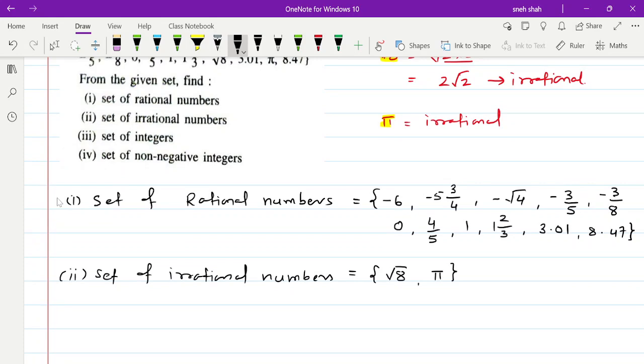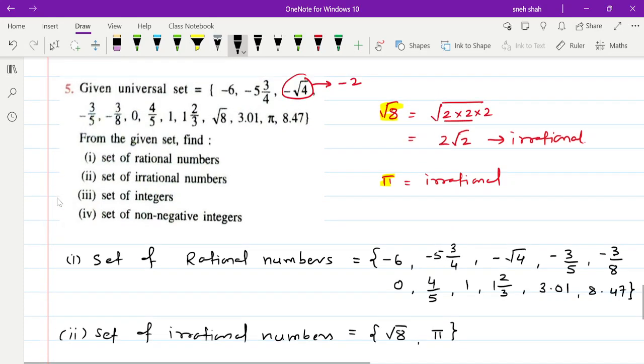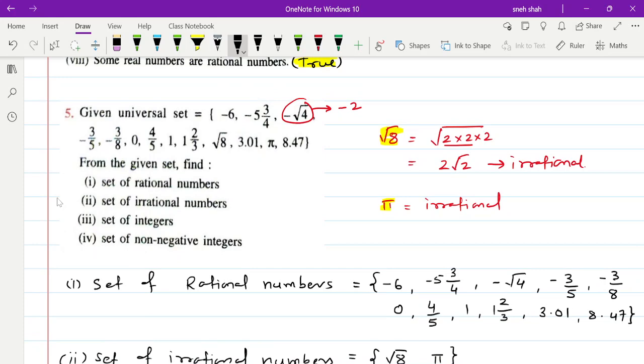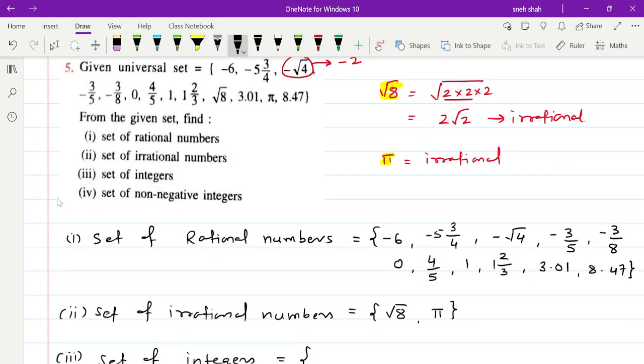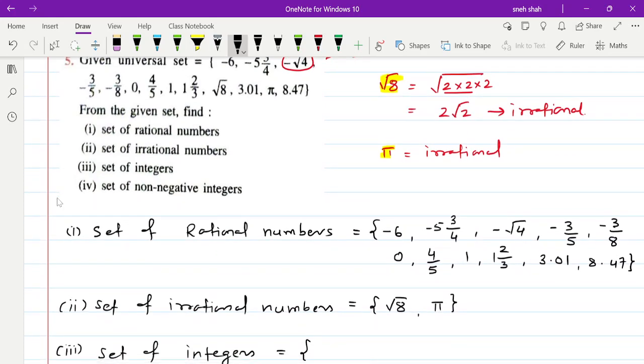The set of integers. For question number 3, we are making the set of integers. Now integers are perfect numbers: positive, negative, 0. So -6 is an integer.